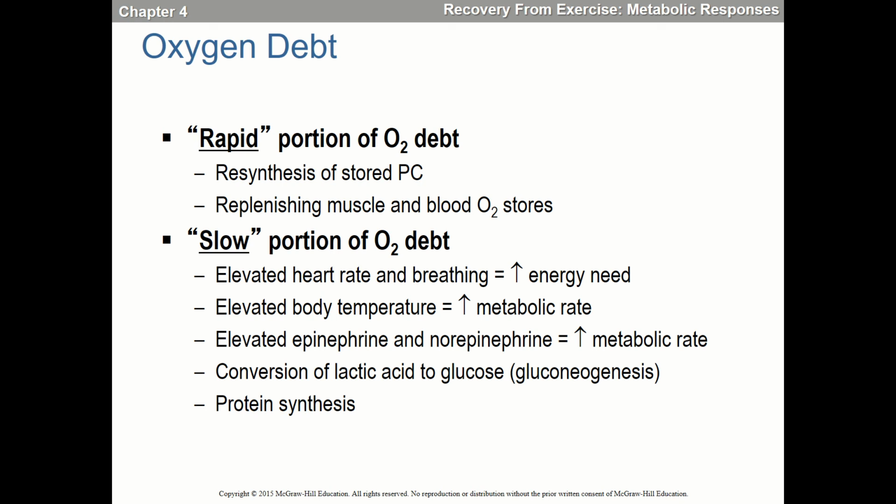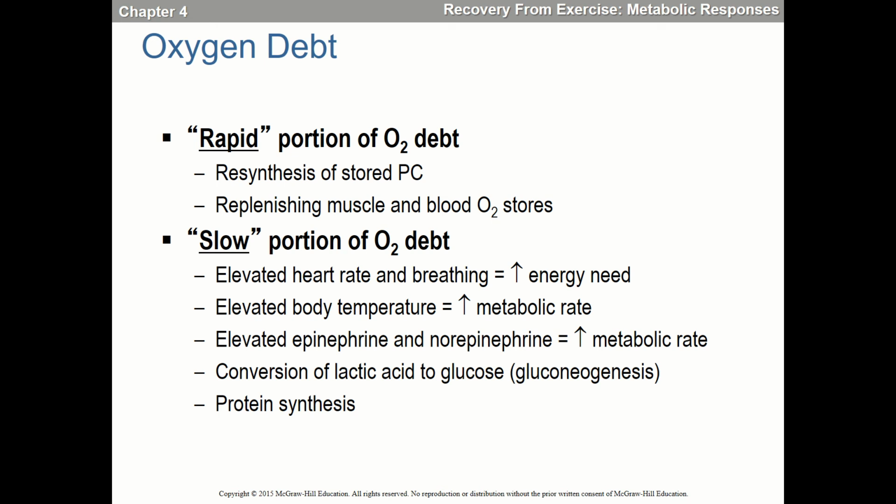After we stop exercising, and I'm going to show you some graphs that will make sense in a second, right whenever we stop exercise, there's a relatively elevated amount of oxygen consumption. And all we're doing there is resynthesizing phosphocreatine, or PC, and replenishing muscle and blood oxygen, so hemoglobin, myoglobin, more or less. I would know those two things very well for quiz purposes, test purposes, life purposes. I think that's important.